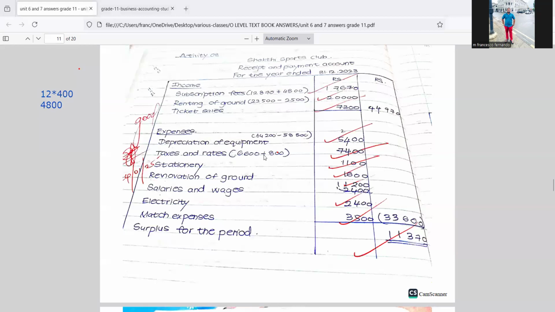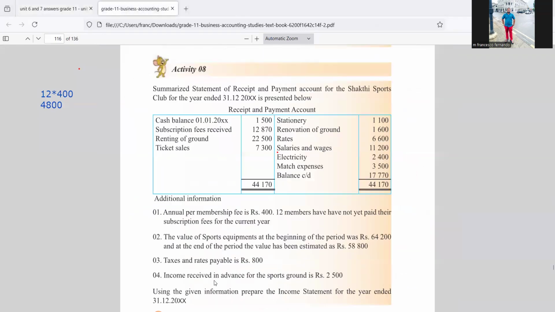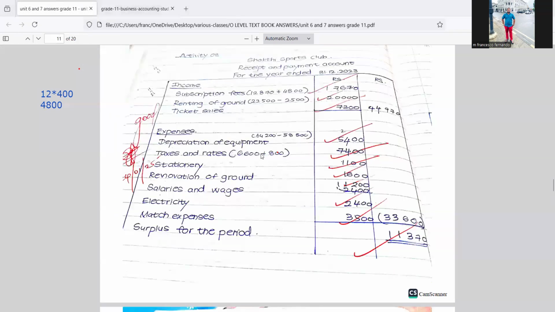So 6,600 plus 800, 7,400. Income received in advance for the sport ground is 2,500. So here renting of ground, it is 22,500. So the advance can be deducted. So 22,500 minus 2,500, it will be 20,000.